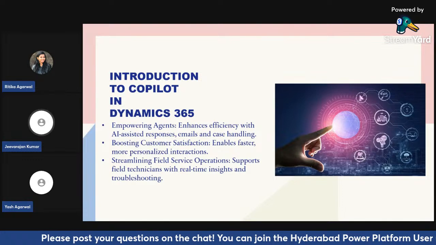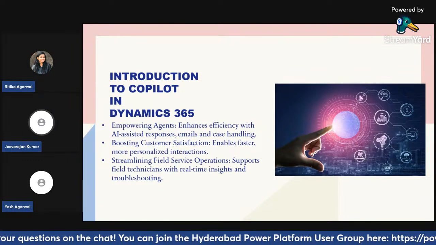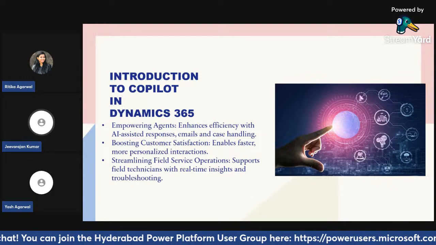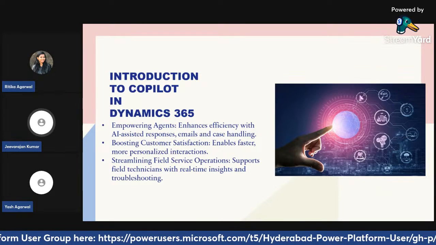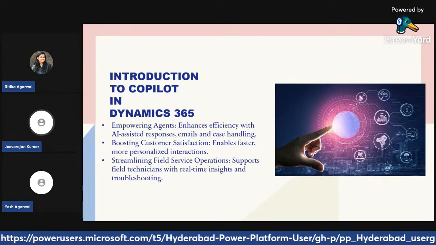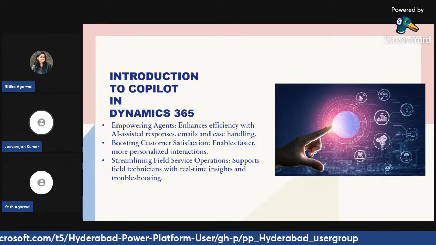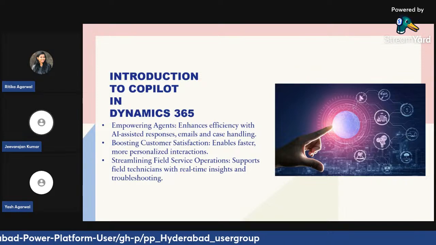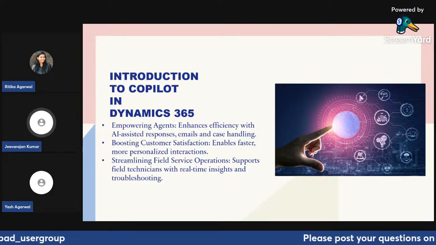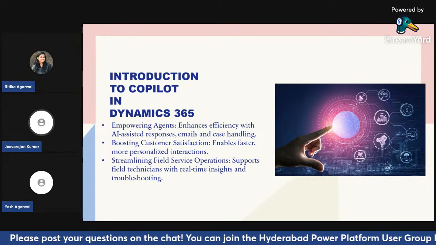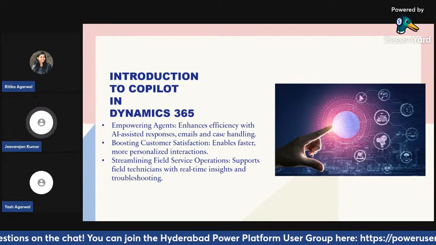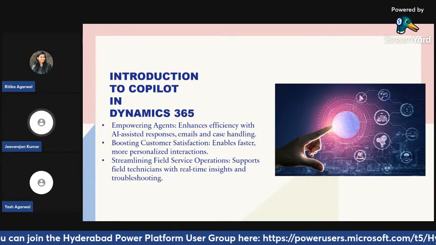That's a quick introduction about Copilot, and most of you already know what Copilot and generative AI are, so I don't want to go into details about that. But specifically from the Dynamics 365 standpoint, and especially customer service and field service, Copilot really enhances efficiency with AI-assisted emails, responses, and case handling, and in field service it supports field technicians and managers with real-time insights and troubleshooting, summarizing work orders and cases, and enabling faster and personalized recommendations.